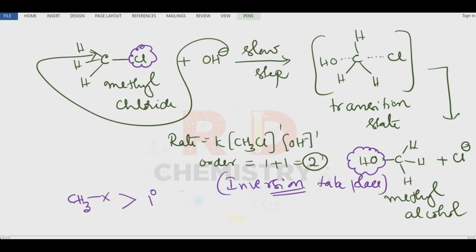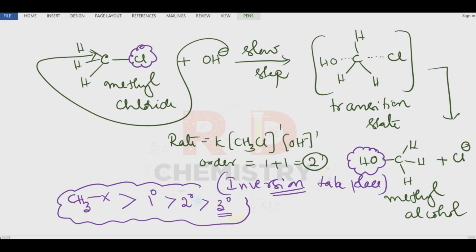Then comes primary alkyl halide, then secondary alkyl halide, then the tertiary alkyl halide. Tertiary alkyl halides are bulkier, and whenever bulkier alkyl halides are there, they do not undergo SN2 mechanism, instead they undergo SN1 mechanism. So this is the order of reactivity of the alkyl halide towards SN2 mechanism. Okay, so I'll call it the SN2 reactivity. Got it? Right?